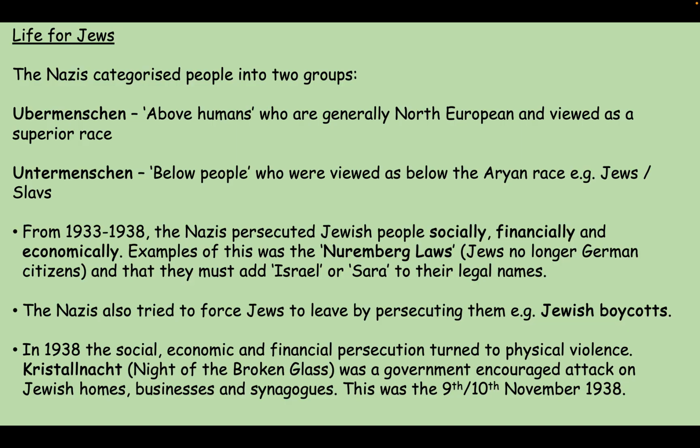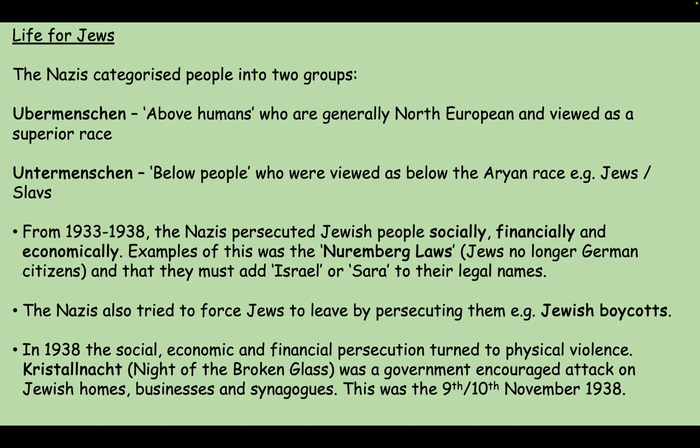The idea of this is that they are visibly Jewish. If you have to give your name and you have to start it with Israel or Sarah, it's clear that you are Jewish. Equally, Jews no longer being German citizens means that if you're not a citizen of a country, you don't have to be treated the same. So it gives the Nazis more opportunity and more ease to deliberately target Jewish people and separate them from society.